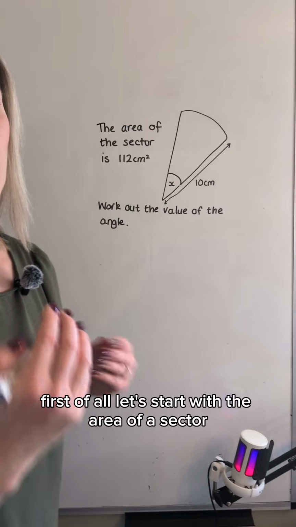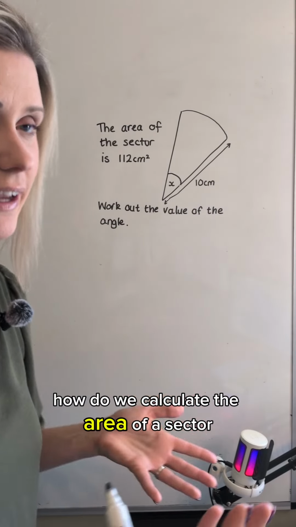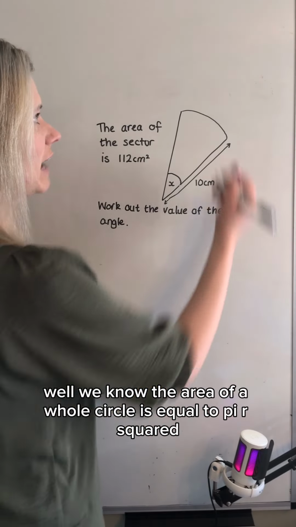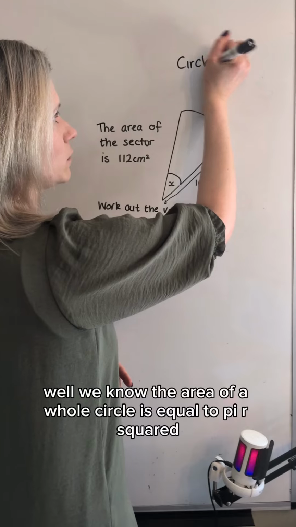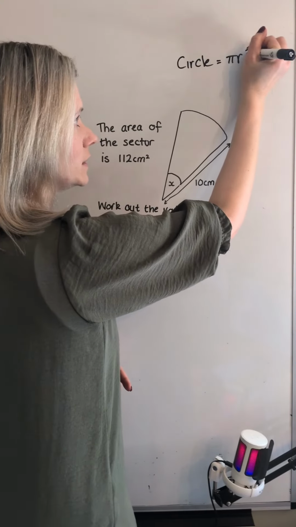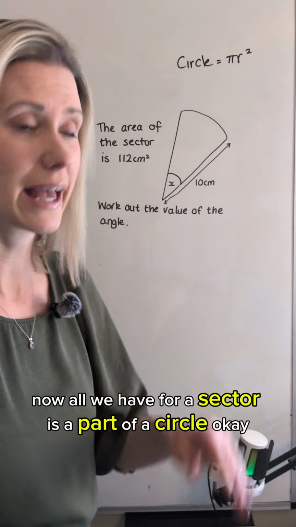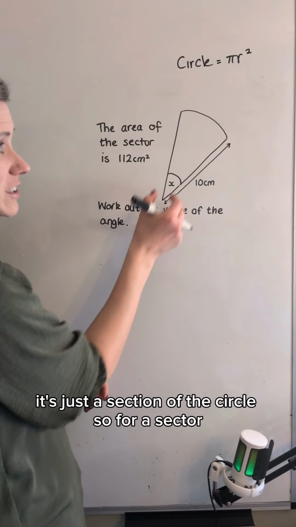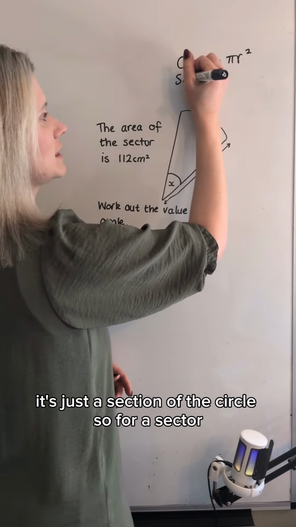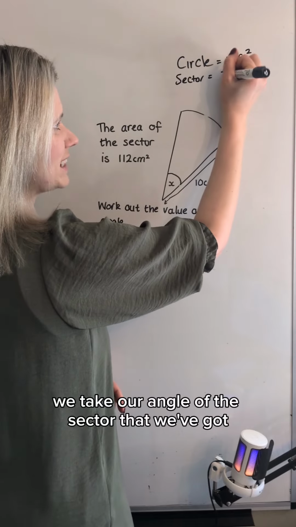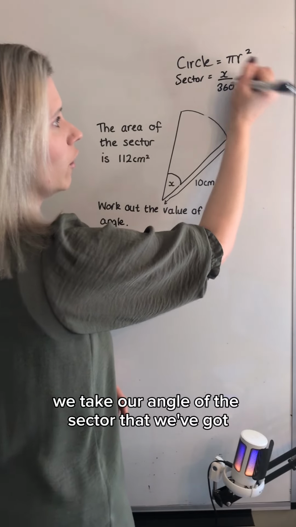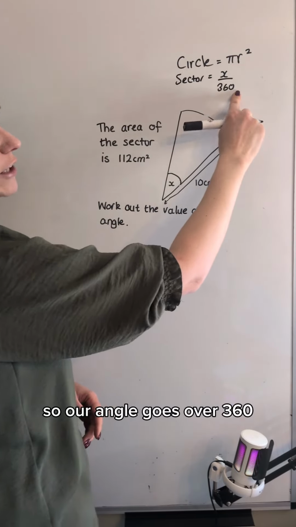First of all, let's start with the area of a sector. How do we calculate the area of a sector? Well, we know the area of a whole circle is equal to pi r squared. For a sector we only have part of a circle, just a section of it. So we take the angle of the sector, and our angle goes over 360.